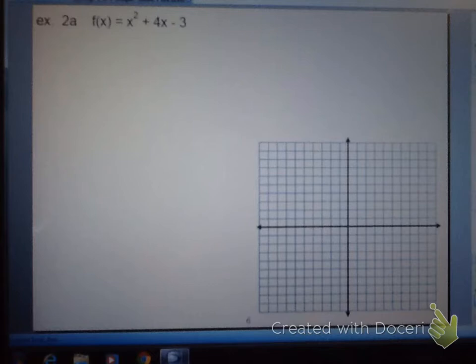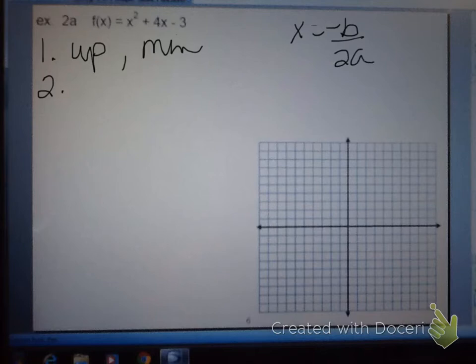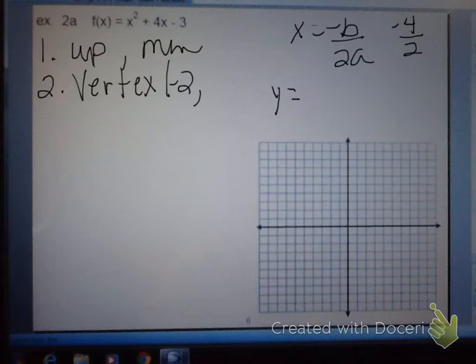Example 2A. I'm going to identify the first 3 things. To find the vertex, it's negative b over 2a, so that's negative 4 over 2, which is negative 2. Negative 2 squared is a positive 4, and 4 times negative 2 is negative 8, minus 3.